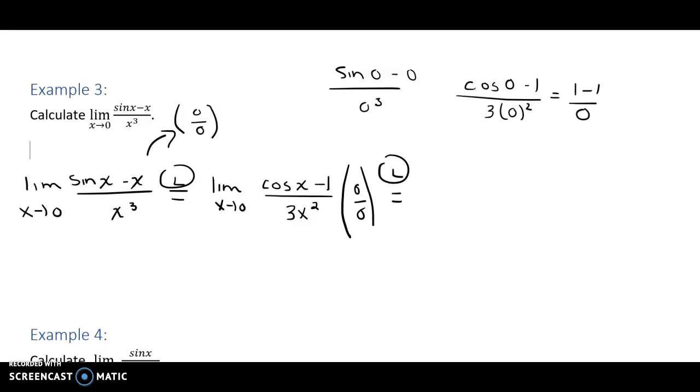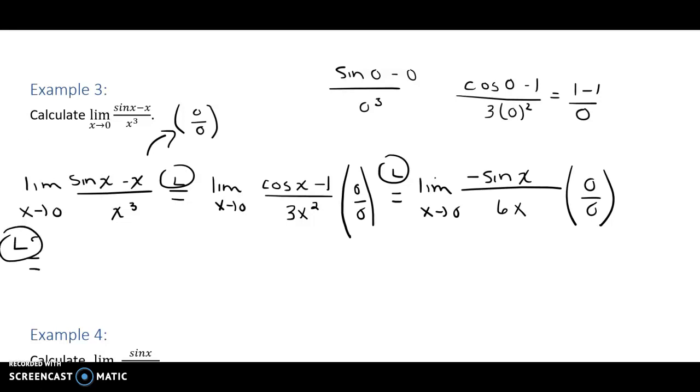So because I end up with that indeterminate form, I can go ahead and use L'Hopital's rule again. Well, the derivative of cosine of x is negative sine x, and the derivative of negative 1 is 0. You end up with 6x. When you plug 0 in, you end up with another indeterminate form, 0 over 0. So we have to use L'Hopital's rule again.